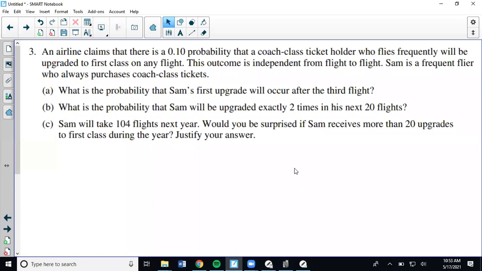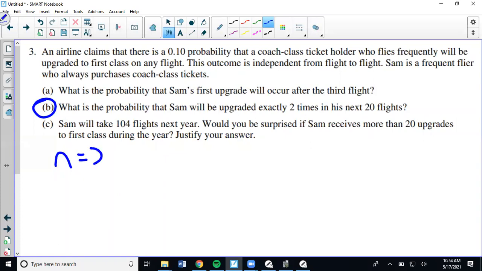All right. Between these 3 parts, the binomial question is hidden within. Did we correctly identify that it's in part B? In part B, our n, our number of trials, is 20.